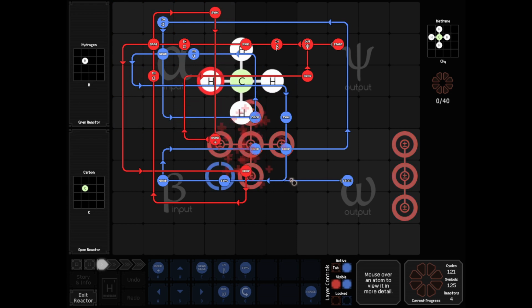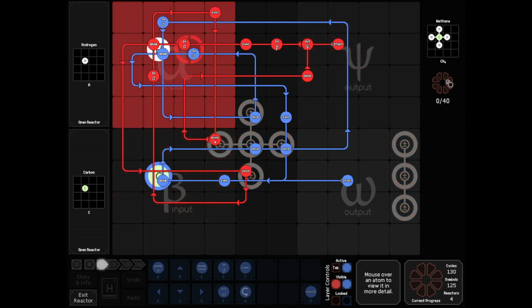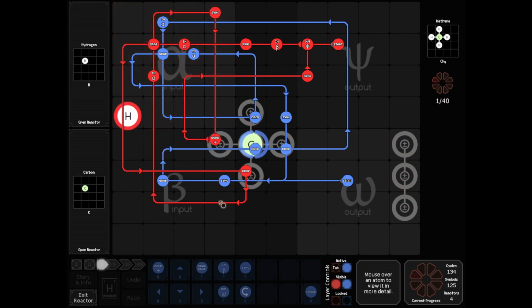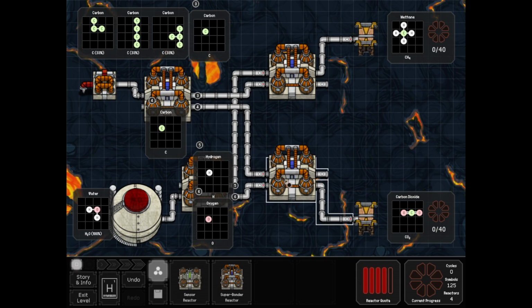Bond. Methane out. Success. Yeah. And as I said, the hydrogen is going to be the limiting factor here, but that will work. Excellent. Okay, last reactor.